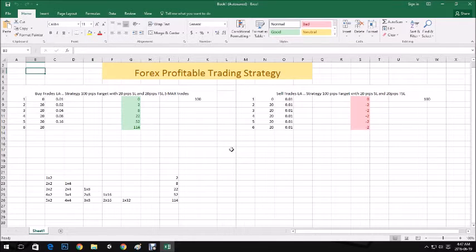People also complained about it because they were not able to understand it and they wanted a graphical representation. So I came back with a graphical representation of this video, and I'm going to talk about this Excel sheet once again for you. Without wasting any time, let's go ahead and start.